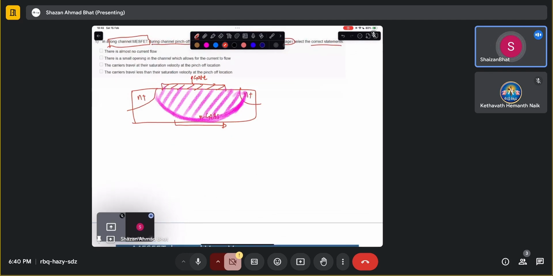If you have a short channel device, then the depletion region will look something like this. And you see that there will be some region here which will not be depleted. This is something called the delta region. This delta depends upon saturation voltage, maybe saturation current, electronic charge, doping, and saturation velocity.